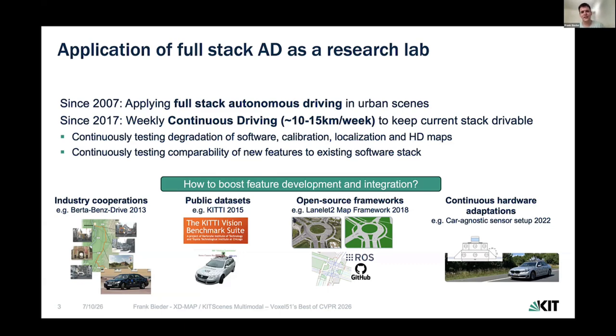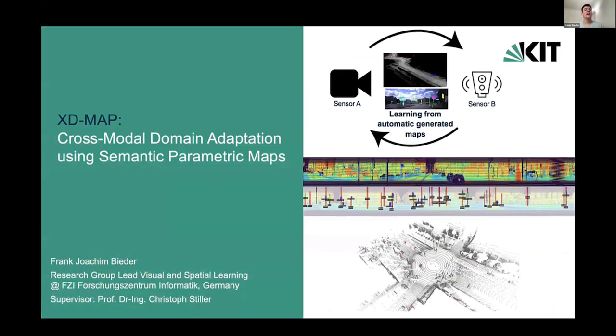And of course, in all these years, we are trying to adapt our hardware to our current software and to the state of the art of sensor hardware. So in the last years, this brought a problem with it, and that's actually what sparked the research from the first paper I want to talk about.